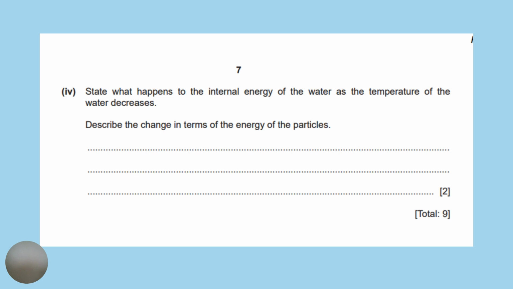Because the heat energy of the system flows out, so the temperature decreases. When the heat moves out of the system, the average kinetic energy will decrease also. When the average kinetic energy decreases, it will also decrease the internal energy.